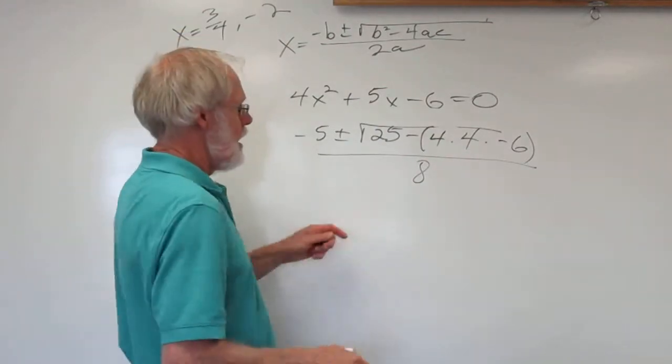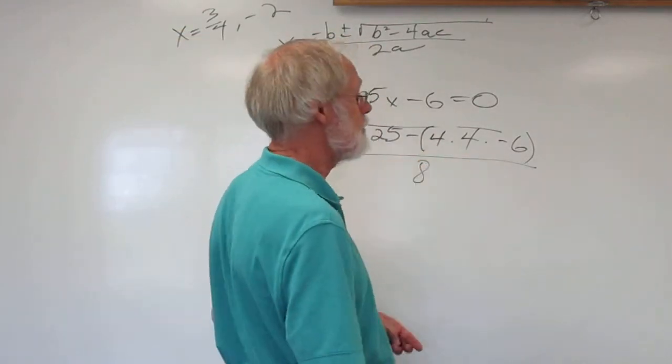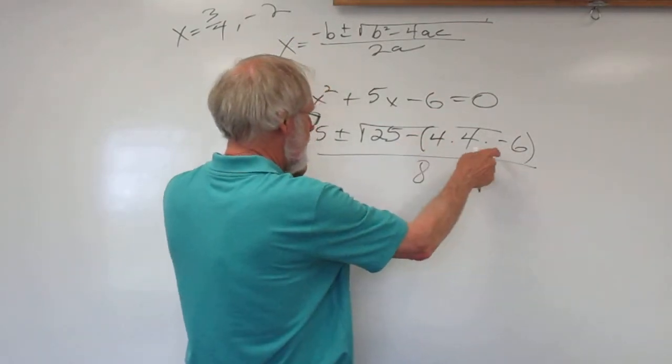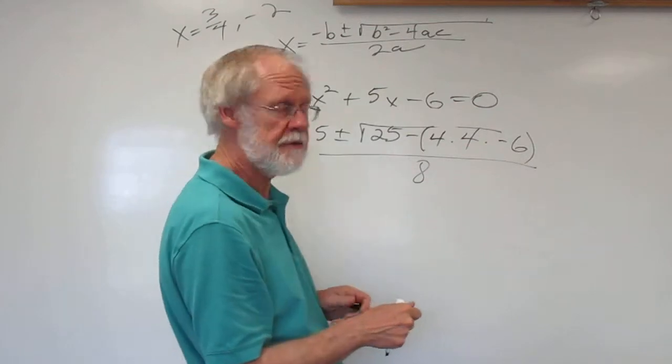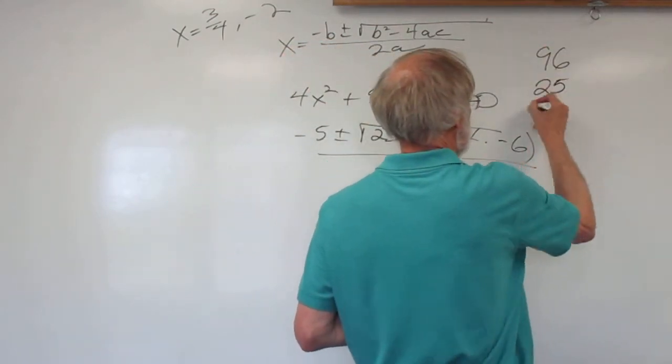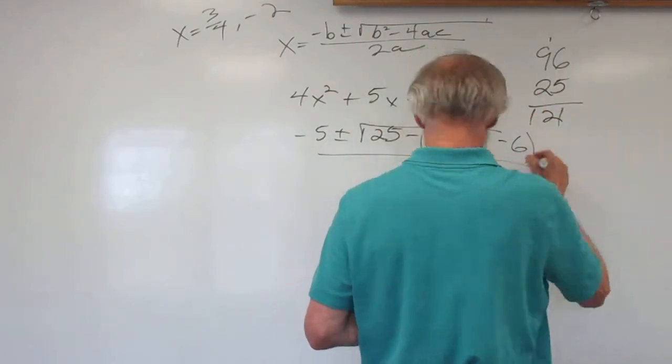All right? Now, 24 times 4 is 96, so we have minus minus becomes a plus, so we have 25 plus 96, which I'll bet is 121, but let's check it. 6 and 5 is 11, 121.